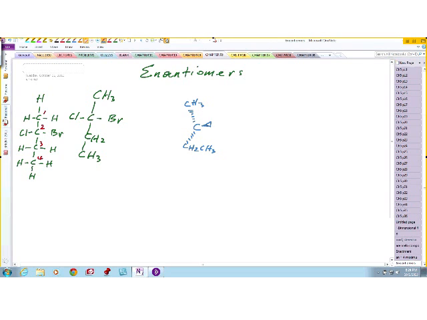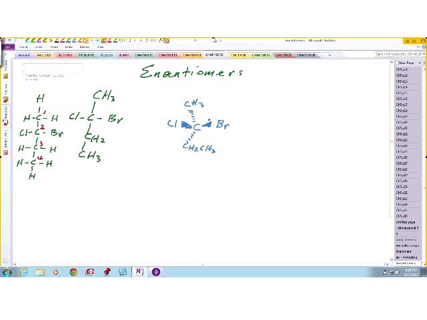And keep in mind, we told you earlier, the groups with the dotted line are going away from you. So this methyl is going away from you, this ethyl going away from you. And then we have the bromine here coming at you, and the chlorine right here. Both the chlorine and the bromine are coming at you.